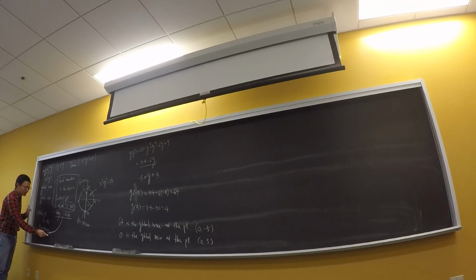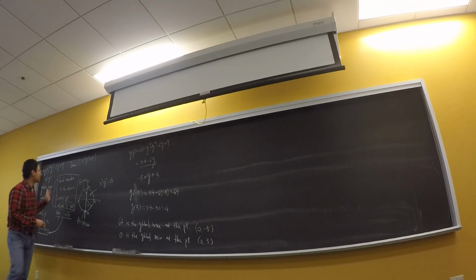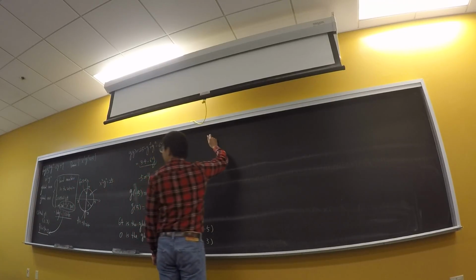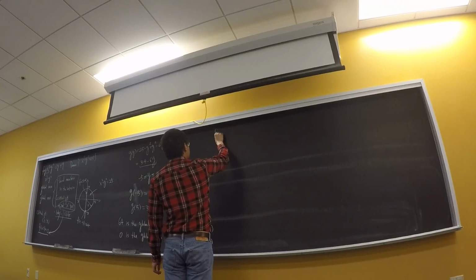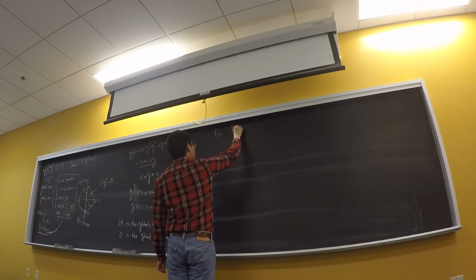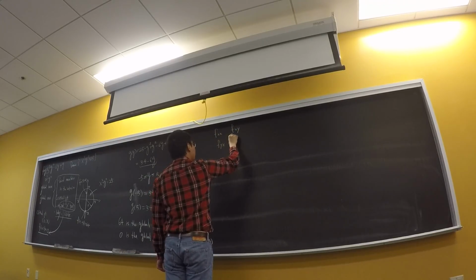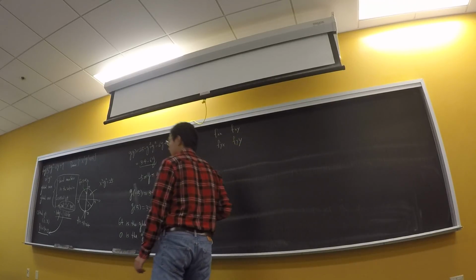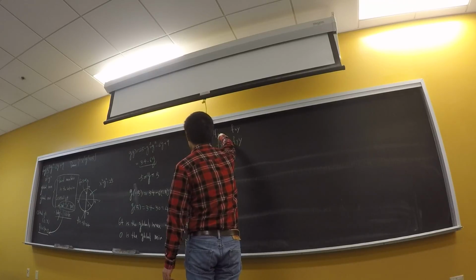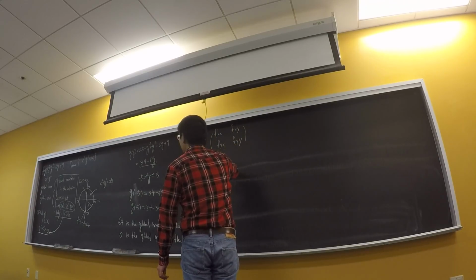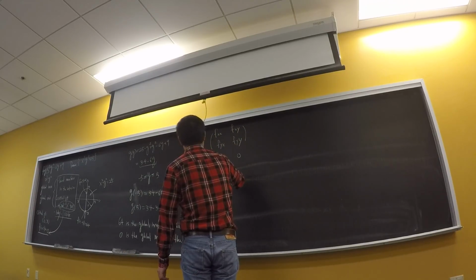You can, in fact, use the second order derivative test to see whether (0, 3) is a local minimum or maximum. Let's just do that. If I have a second order derivative matrix, what I have is fxx, fxy, fyx, and fyy. So let's see what I get at (0, 3). So the matrix is 2, 0, 0, and 2. Am I right?